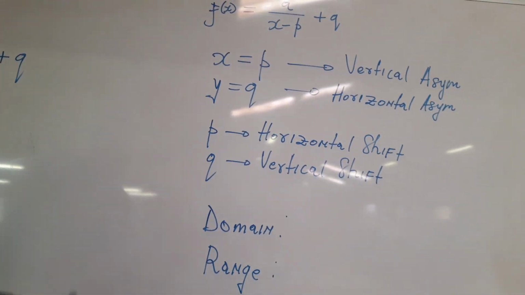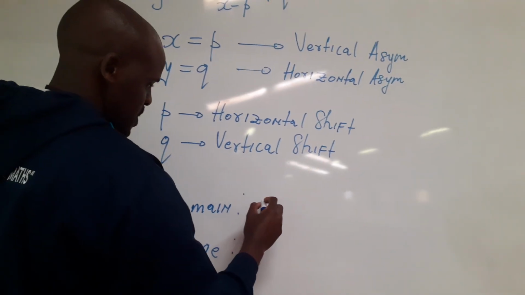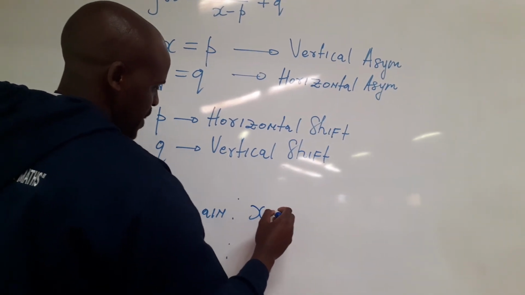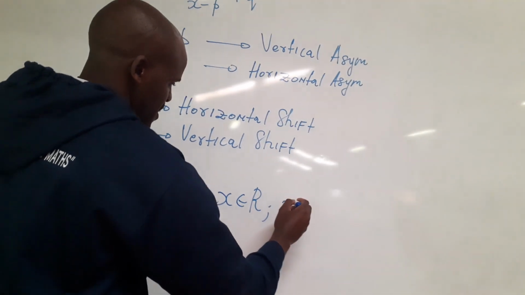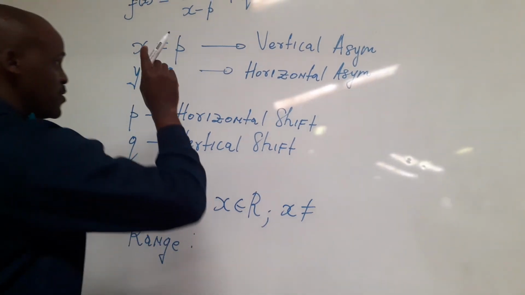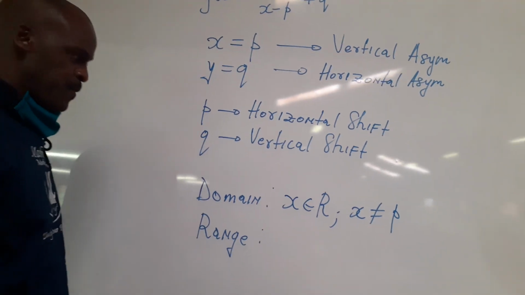For this graph to exist, you just go to your vertical asymptote and you restrict it. X can be any value, but that value must not be equal to P for this graph to exist.